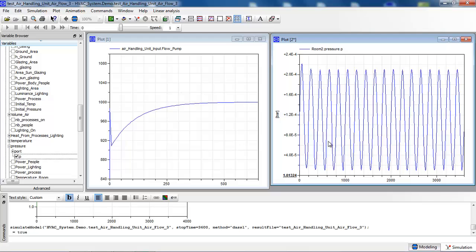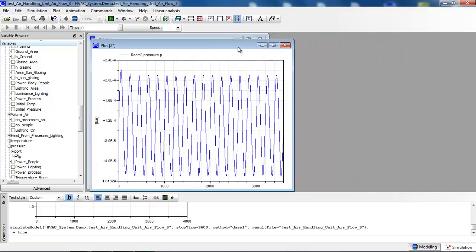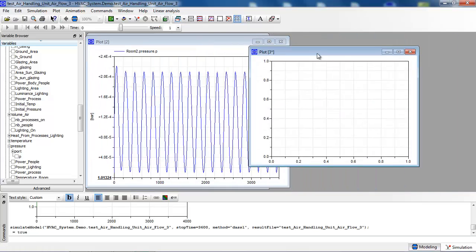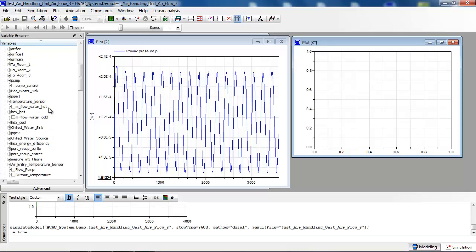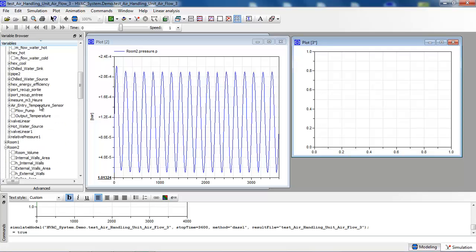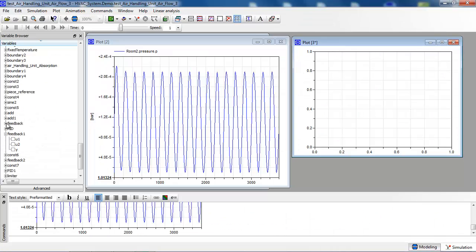So you can see that the pressure in room number 2 is a sinus, and we want to see the difference of the sinus with the reference room, which is given by feedback number 2.